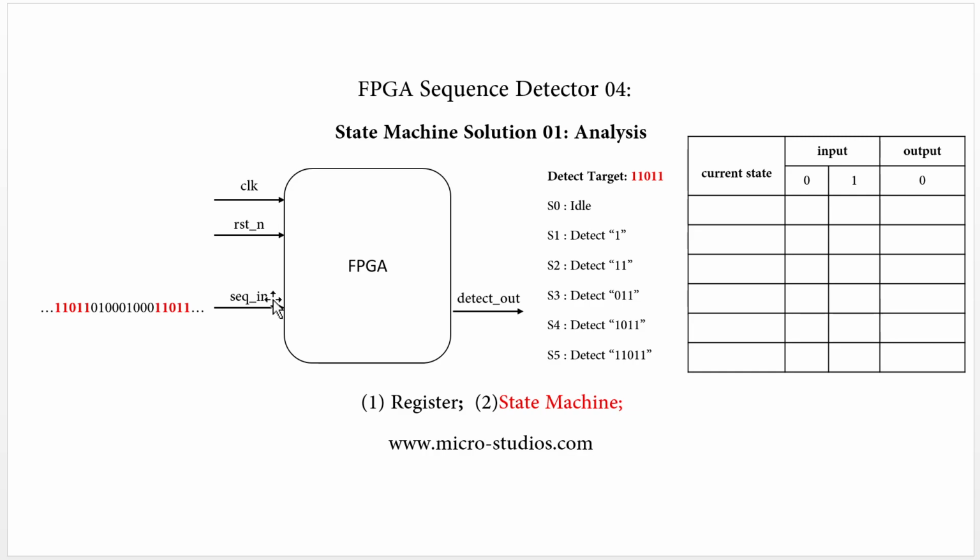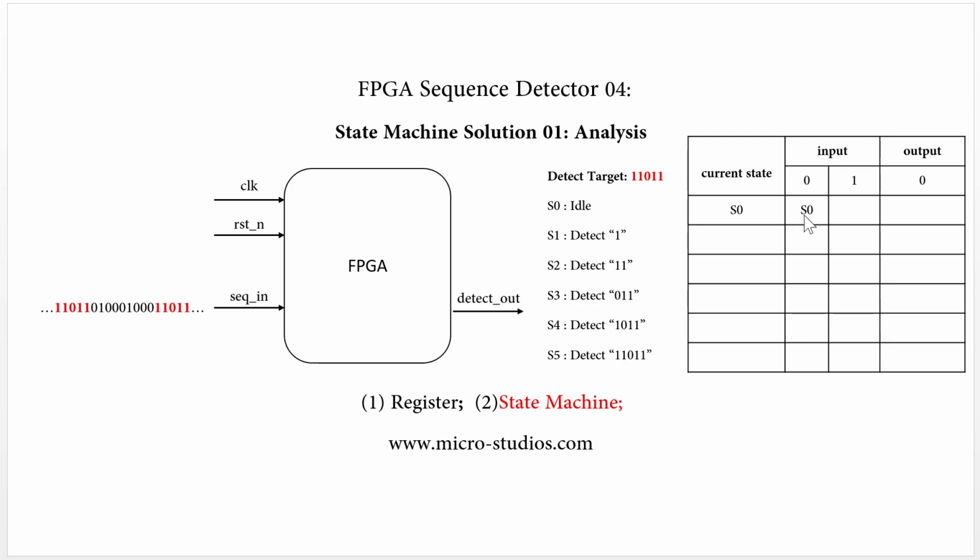Okay. So the first current state, of course, is S0, right? It is the idle state. Okay. So in the idle state, if our input is 0, of course, we will stay in the idle state.